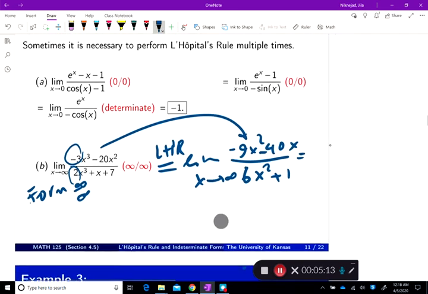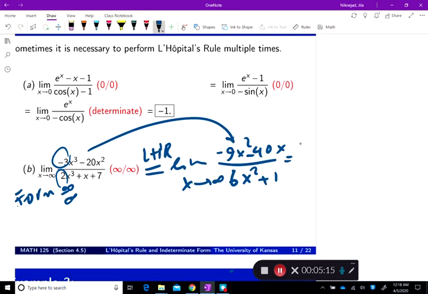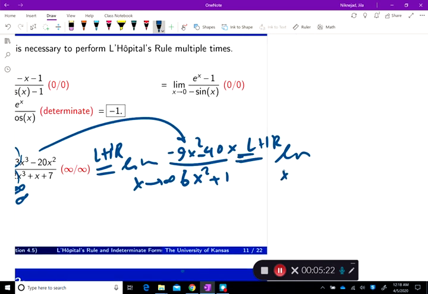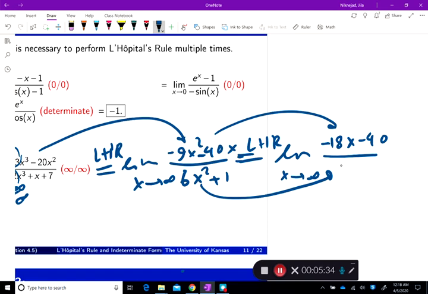This is again infinity over infinity, so I do another L'Hopital rule. This time the derivative of the top is negative 18x minus 40, and the derivative of the bottom is 12x, and again infinity over infinity.